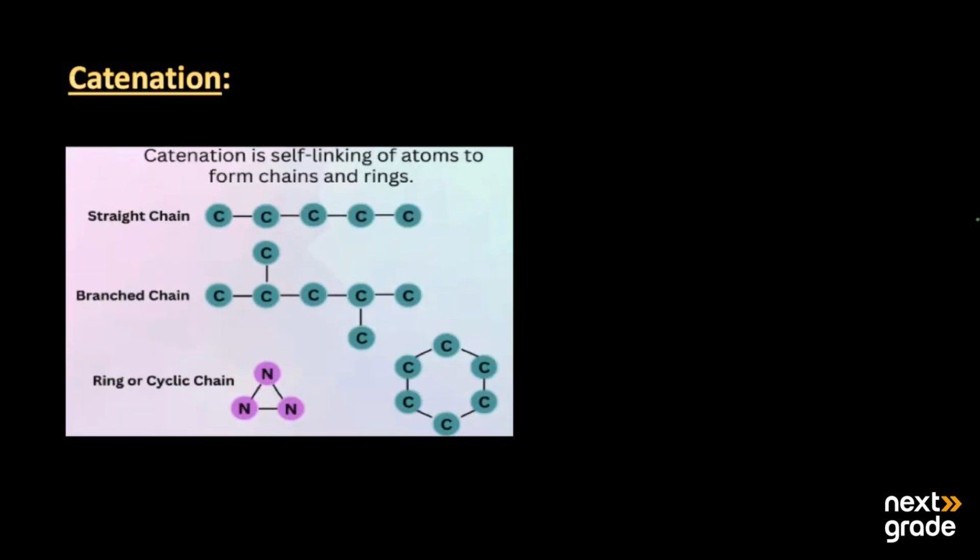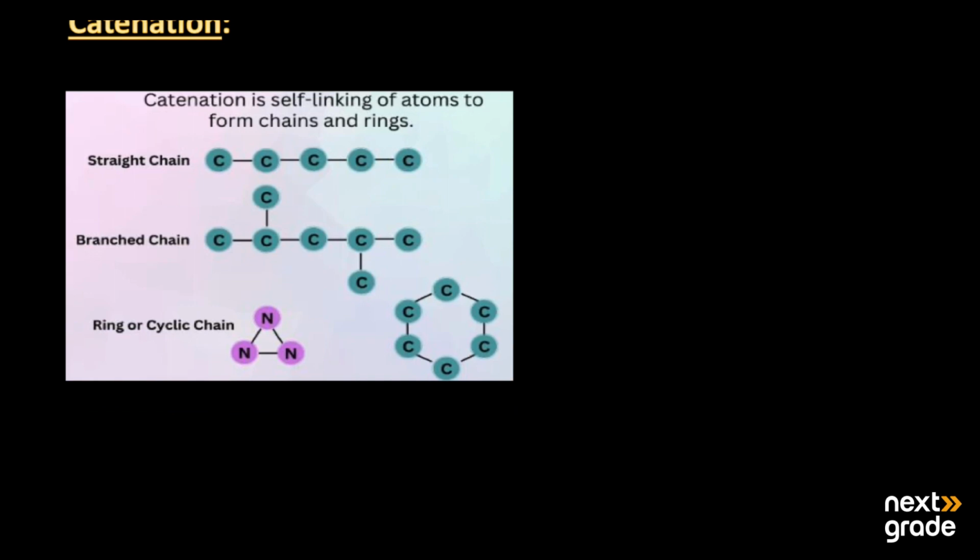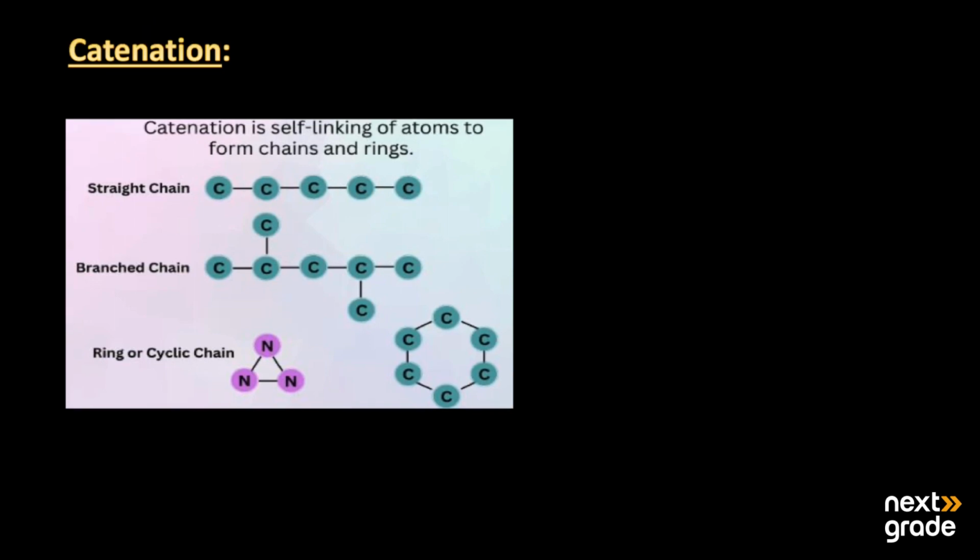After that, we have catenation. Catenation is mainly a property of carbon. As carbon has four electrons in its valence shell, if I draw the structure here, we have carbon. It can make four bonds with other atoms.